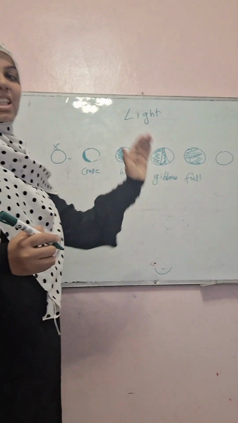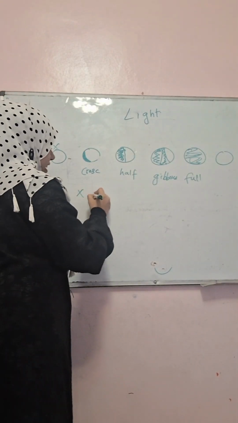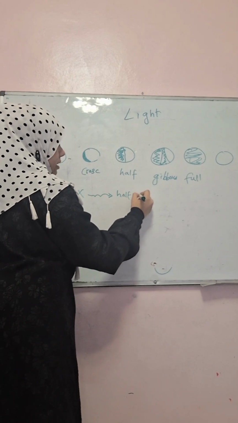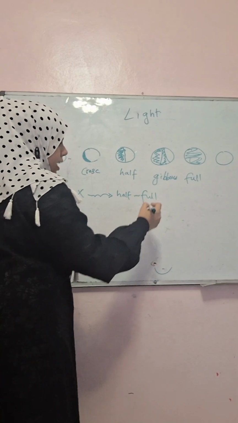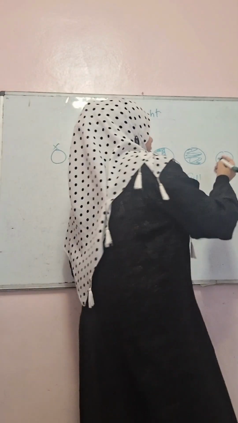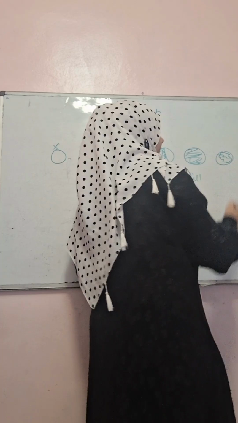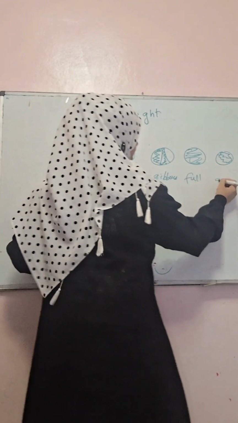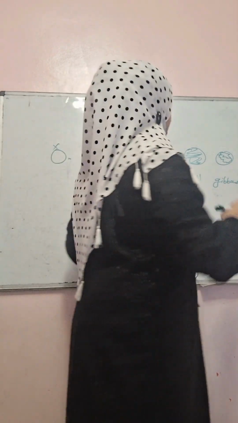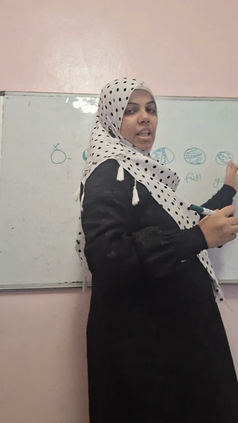Now again it starts to shrink. So first we have nothing, then it grows, then it reaches half, grows, then it reaches full, and now it starts to shrink. So after full moon, we will again see gibbous, which means more than half of the part is lit.